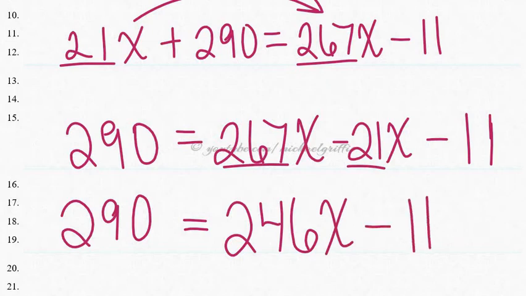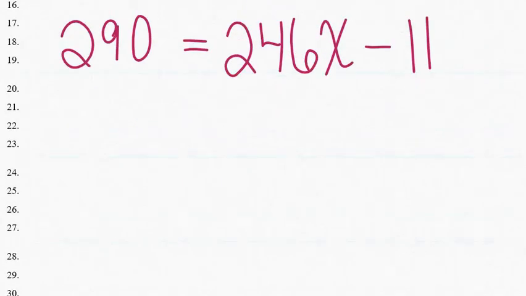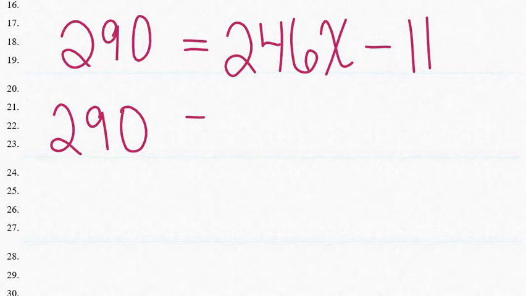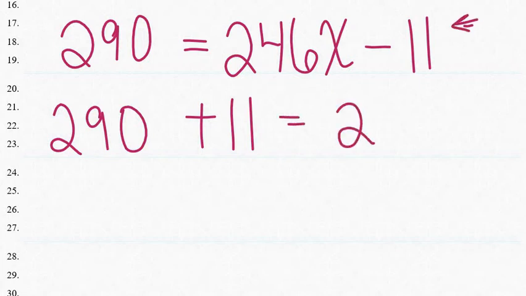We'll continue to write the 11. Now we got to get that 11 to the other side, so we're going to add 11 to both sides. Keep in mind, I'm not actually writing that out, because if I add 11 to this side over here, it just goes to 0. So after we simplify, this is what we would get right here.